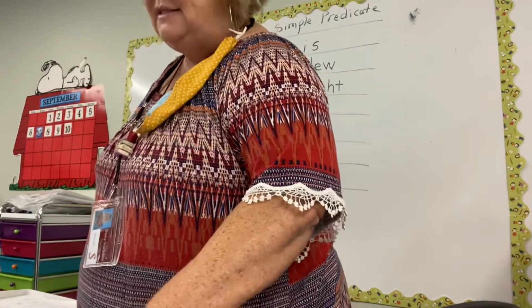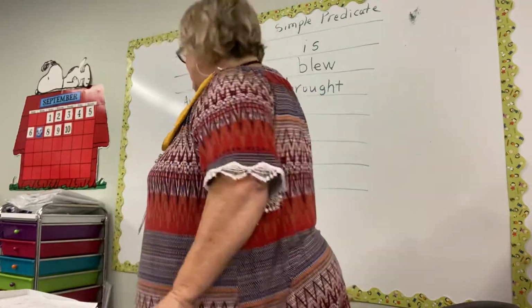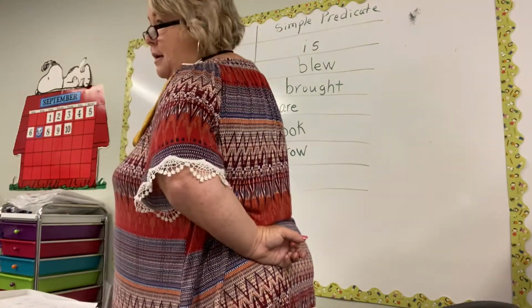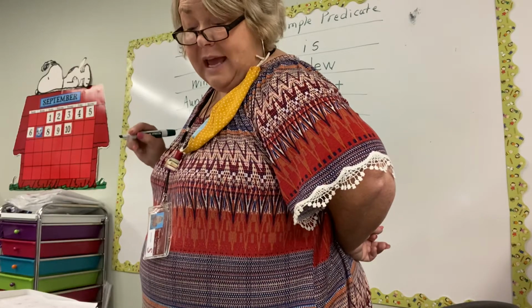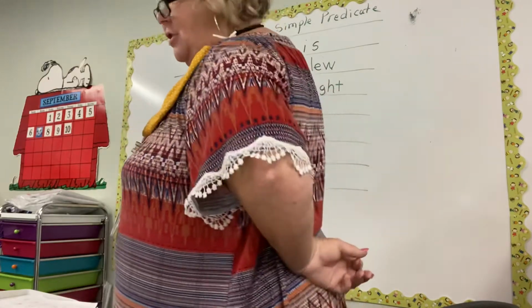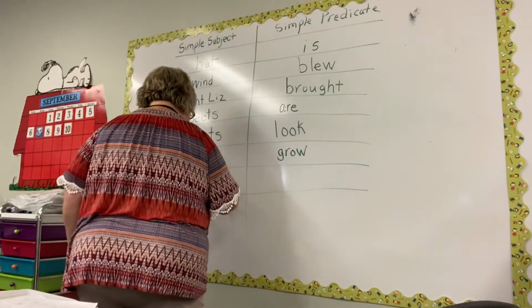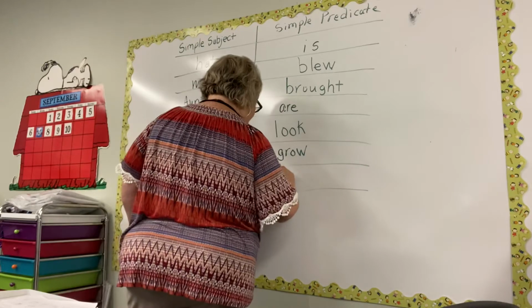All right. What is the simple subject in that sentence, Jennalise? What thing is this about? Plants. And what is the verb? Like. Very good.